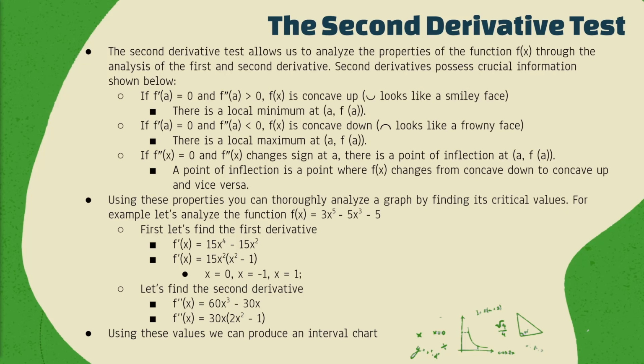It will be at the point a, f of a. So the point of inflection is simply where f of x changes from concave down to concave up, or vice versa. You were going from, let's say, a smiley face like this, and then at this point you started going to a frowny face.